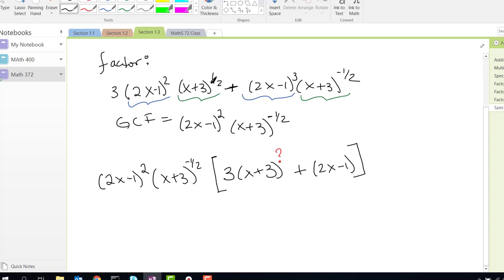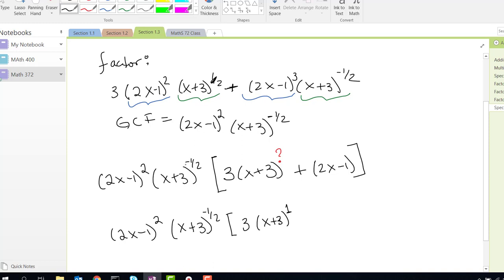So let's go back to that exponent. Now that you've had time to think about it, what exponent do we add to negative 1 half to get positive 1 half? It should be 1, right? Negative 1 half plus 1. Remember, when you multiply the same bases, you add exponents.